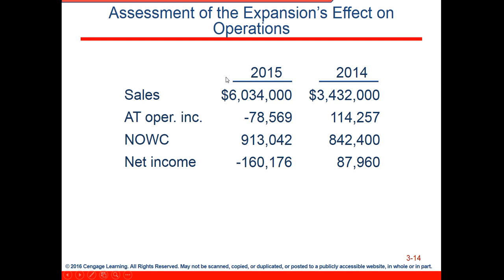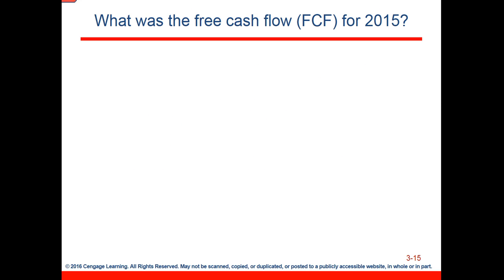When we see the expansion, yes, the sales increased from 3 million to 6 million, but after-tax operating income significantly decreased. It was positive, now it changed to a loss. Net working capital increased, and net income as a result has changed from positive to negative as well.